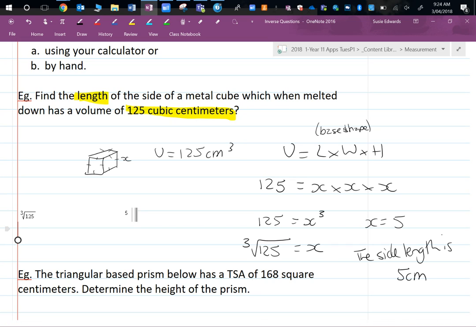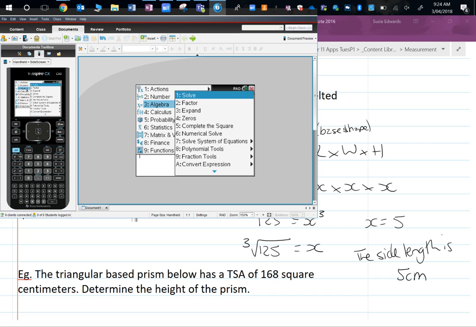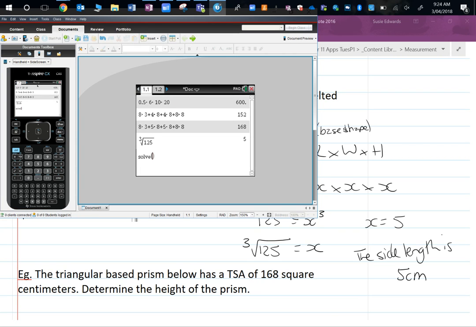All right, the other way which you could have done that in your calculator is that, rather than doing the algebraic working out yourself, you could actually go menu, algebra, solve, and then say 125 equals x to the power of 3, and we're solving for, what are we solving for?